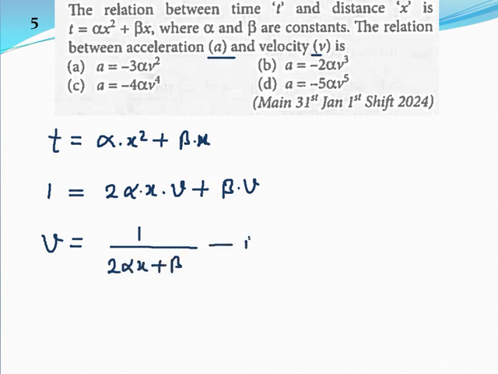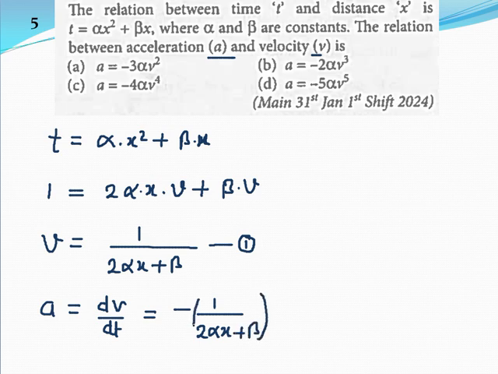We got v. Now calculating acceleration, we differentiate this, dv by dt. Applying the chain rule of differentiation, we get minus 1 upon (2 alpha x plus beta) whole square, and the coefficient of x is 2 alpha, and dx by dt is v.